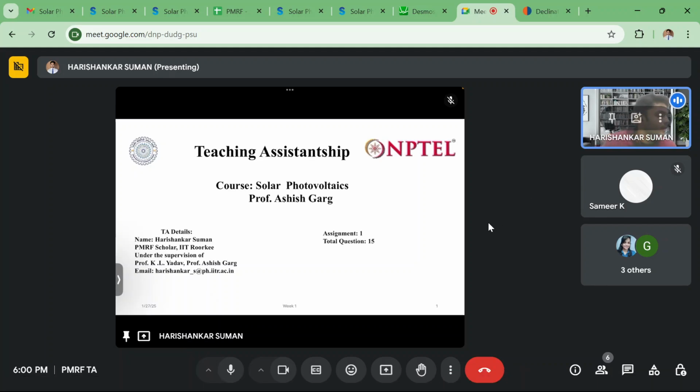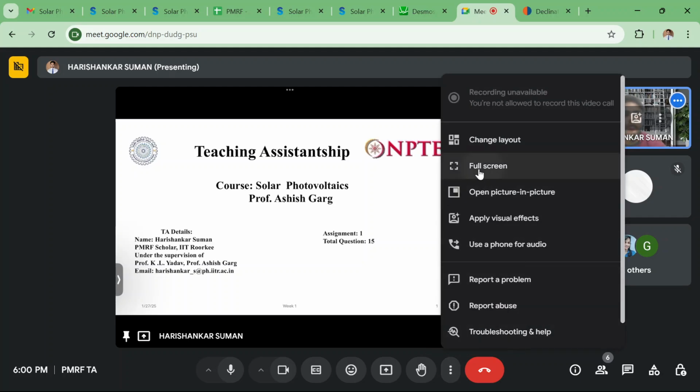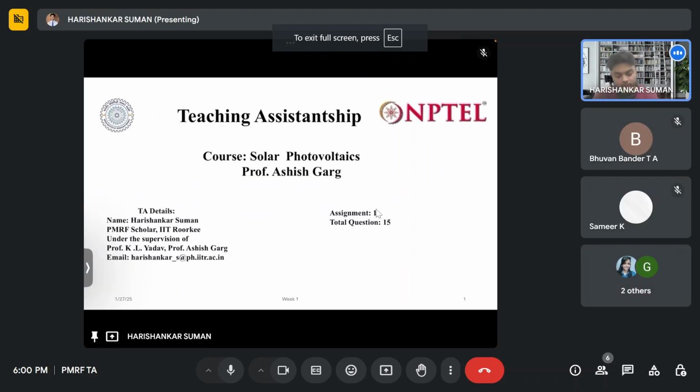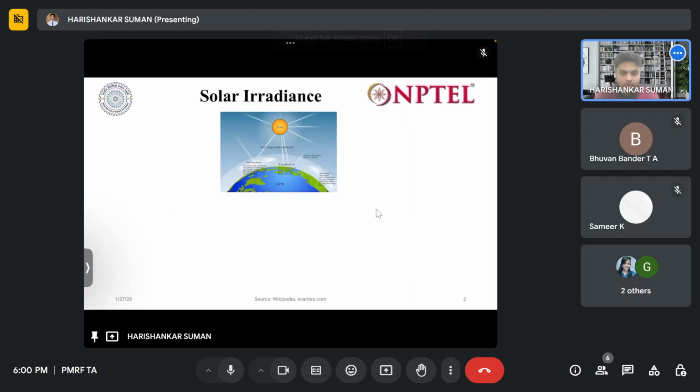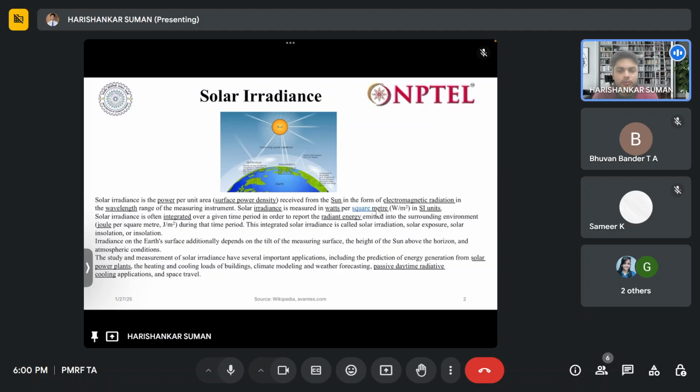So let's start. Let me discuss first solar irradiance. Do you know what is solar irradiance? You can see in the picture, this is taken from Wikipedia. You can read this.